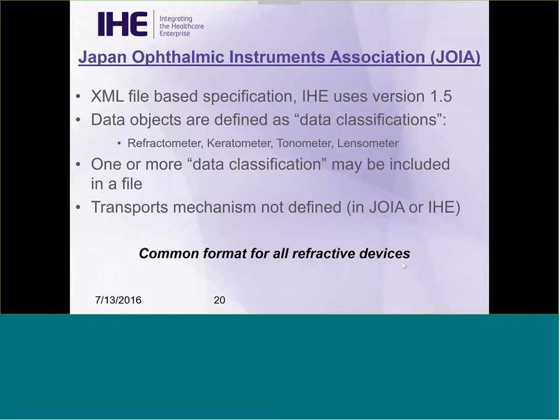So if I have a device that can do multiple types of measurement capabilities, or one of those importers that accumulate this data, you can actually send files for the same patient of more than one data classification. So I could get a refractive measurement and a keratometry all in one. Or systems may send those separately. So of course you have to manage that as they are.